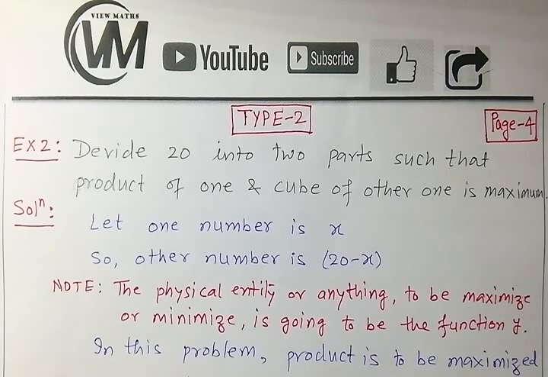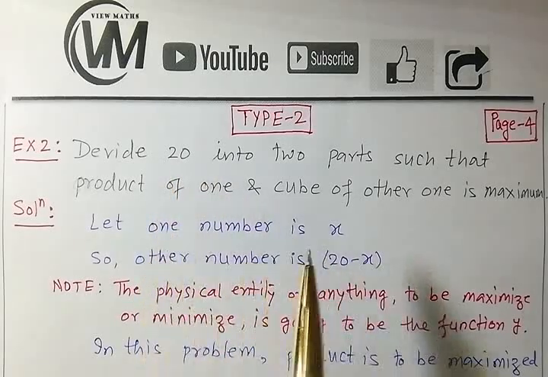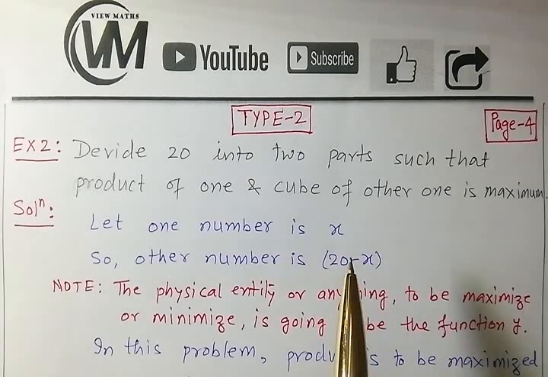Please keep it in mind: while reading the sums, whatever physical entity is to be maximized or minimized will become the function y. Now you have to keep an eye on the product. The product will be y. Now let us decide the numbers first. We have to divide 20 into two parts. So let one number be x, then the other will be 20 minus x. They are the two numbers.